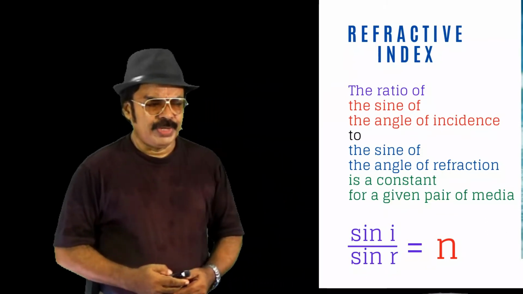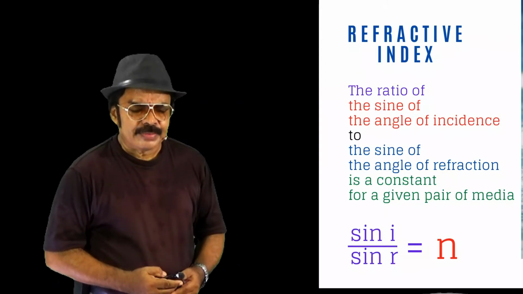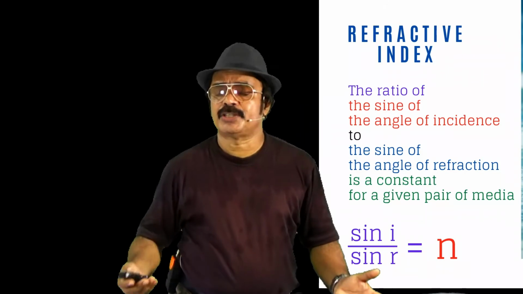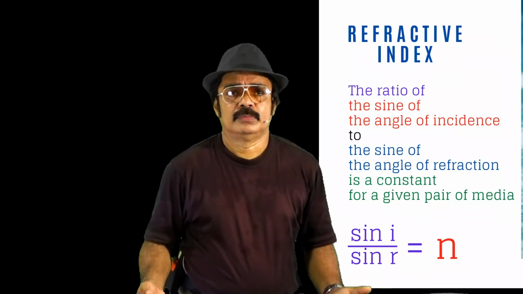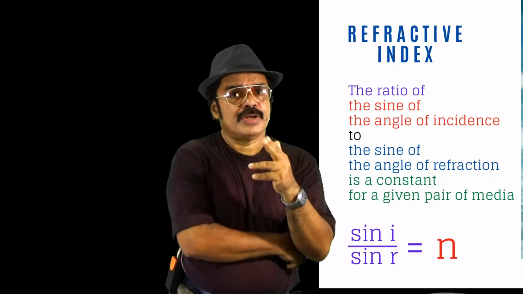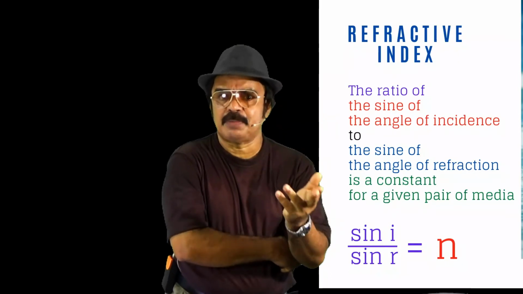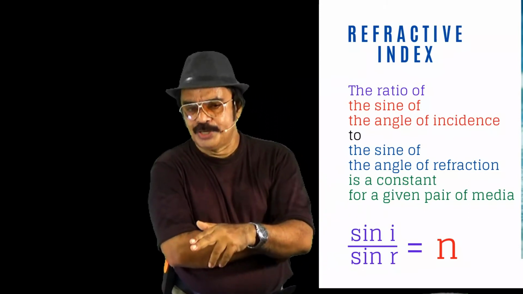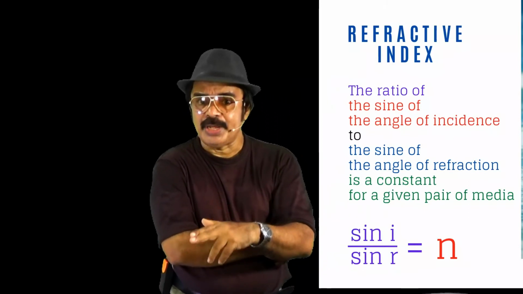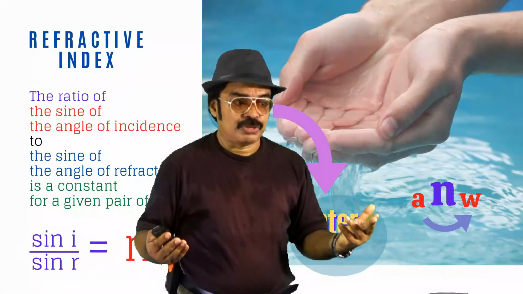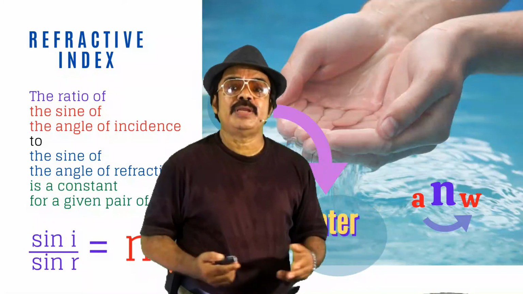If I say refractive index is 1.5, then you would think refractive index is for the given pair of media, so from which medium to which medium is light going? Therefore we have to mention the two media.